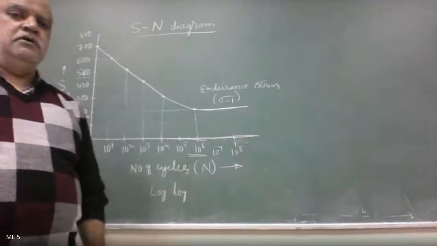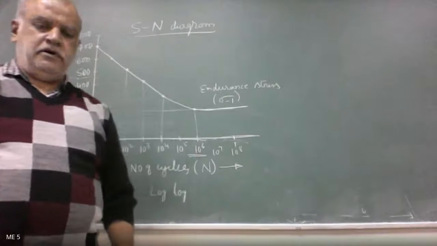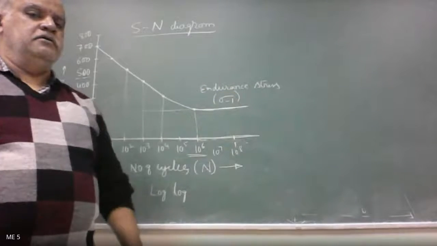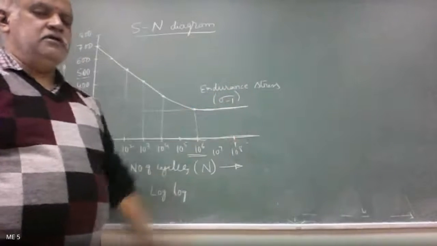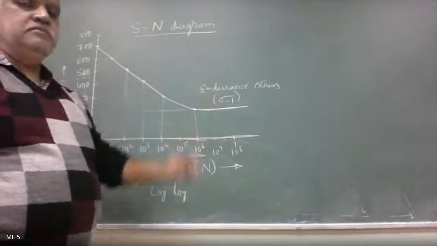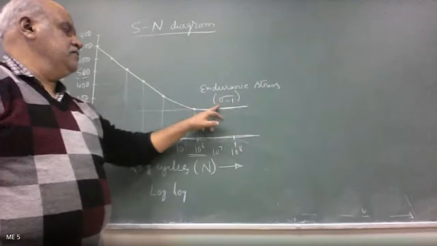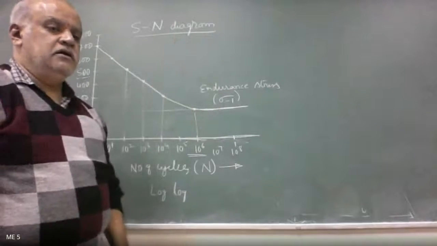Full stop. Thus, the endurance limit stress sigma minus 1 can be evaluated from the SN diagram.